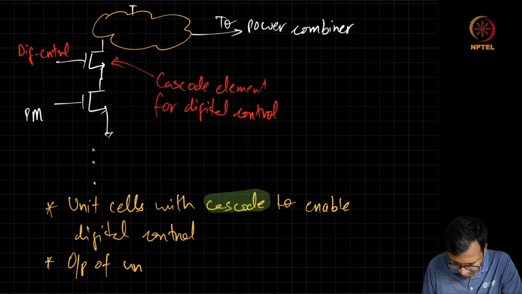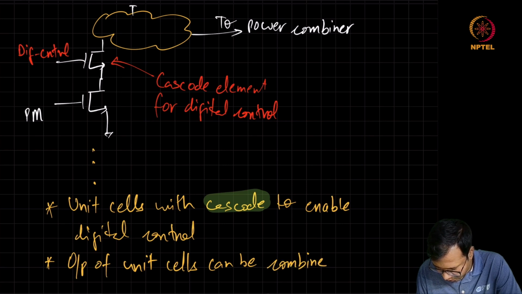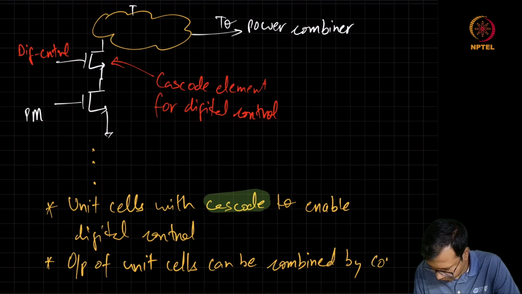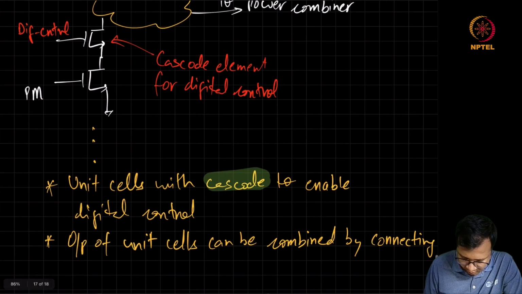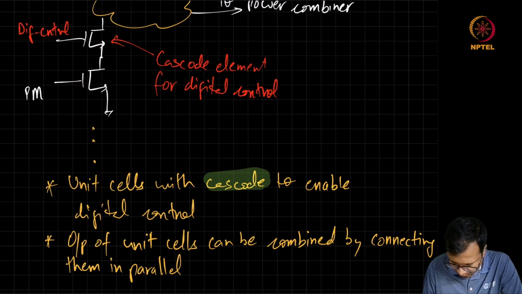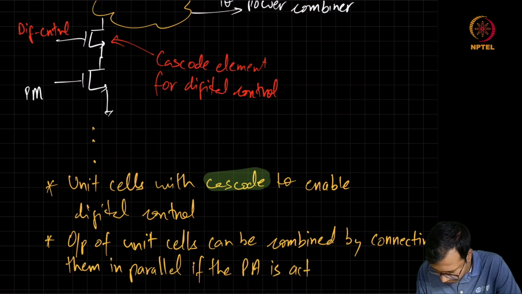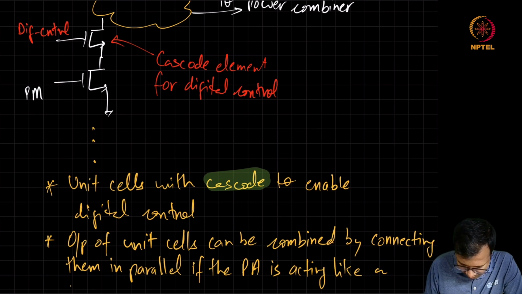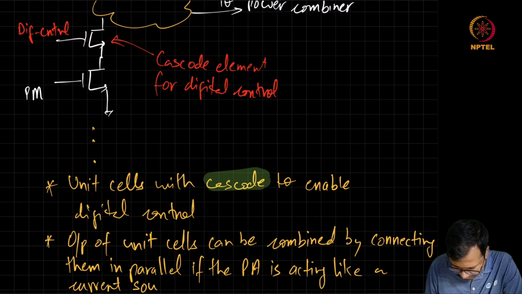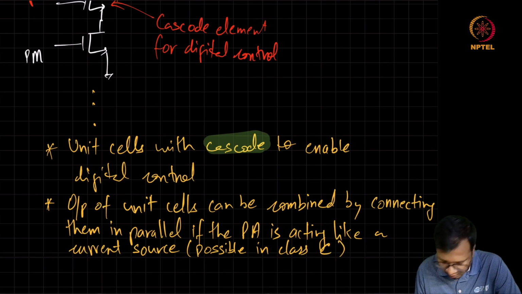Output of unit cells can be combined by connecting them in parallel if the PA is acting like a current source, which is possible in class C kind of operation.